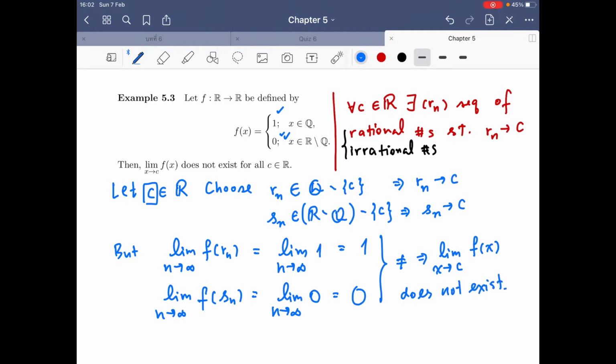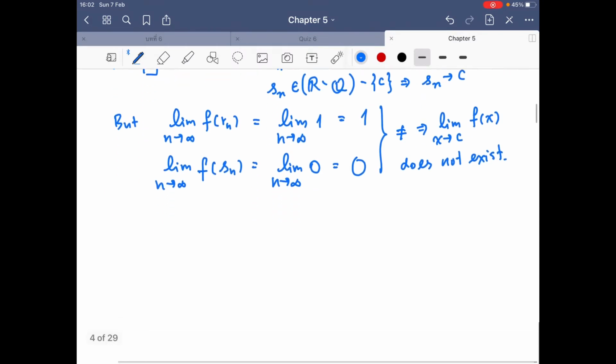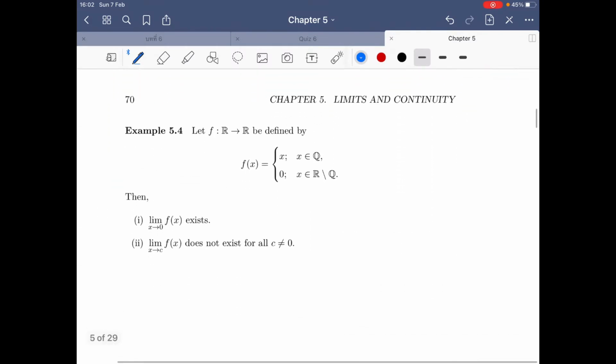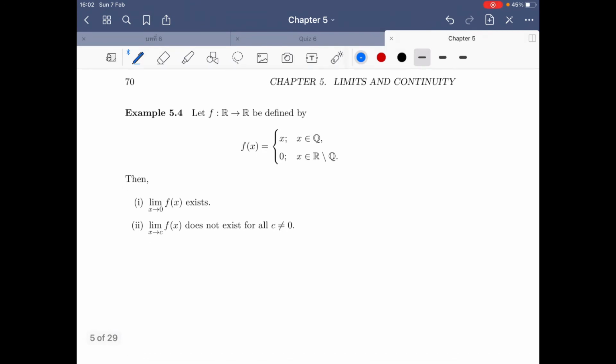okay. All right, so you may think of this kind of function and this kind of technique as you learn this course. So let us elevate ourselves a little bit, but it's not that difficult. This one you can actually pause the video and try to do by yourself first.